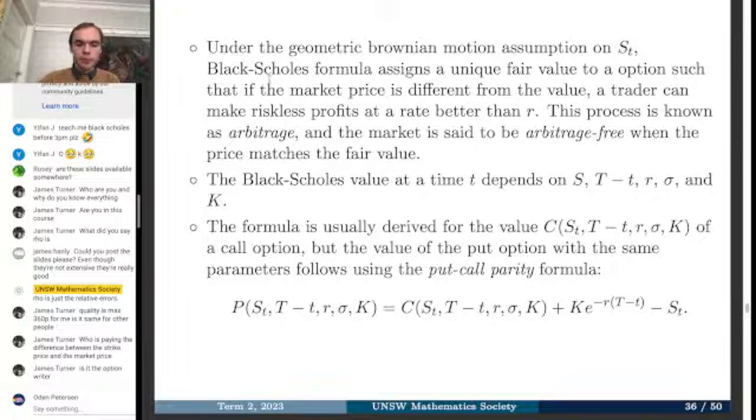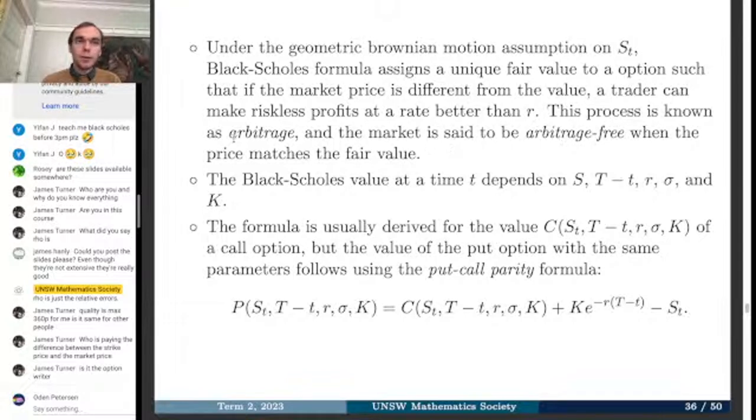How can we construct a portfolio that has no risk of downside loss, but potentially has upside gain? And so this is the delta hedging argument that was covered in week 10.